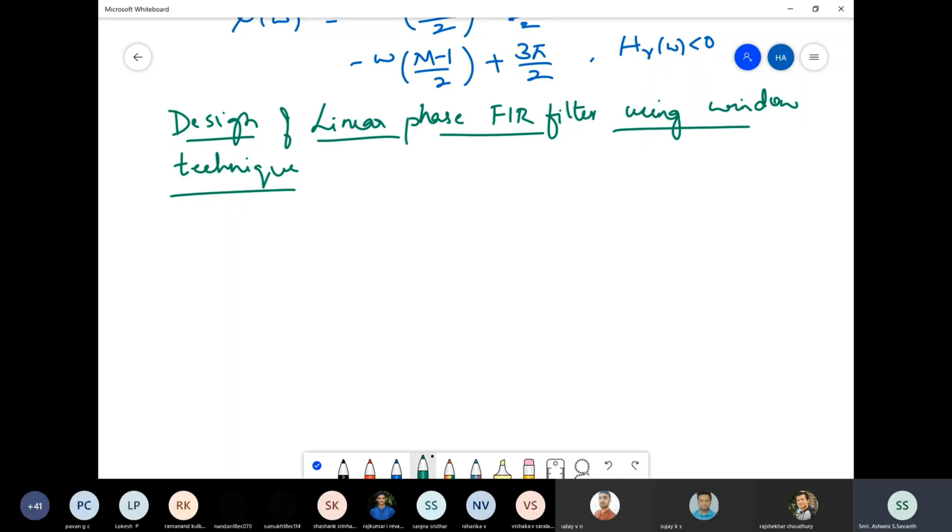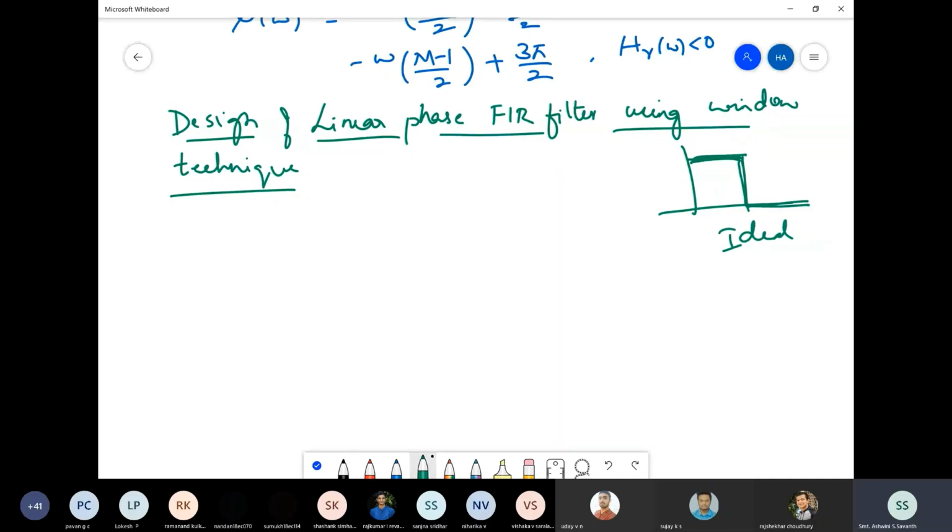Here, the gist of this method is that the desired frequency response of the filter will be given to you, that is, the characteristics of the filter in the frequency domain. Let us say it's a low pass filter that you want to design. Ideally, we expect a very flat pass band, a very flat stop band, and a very sharp transition band. This is an ideal filter.